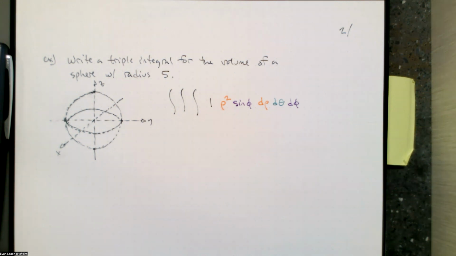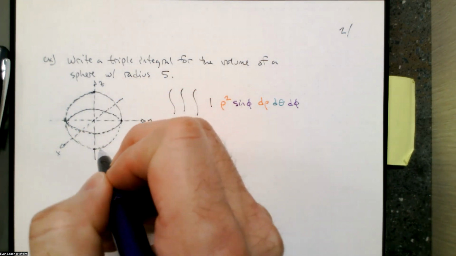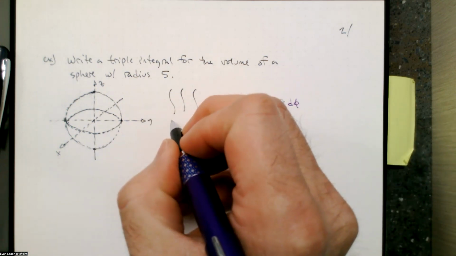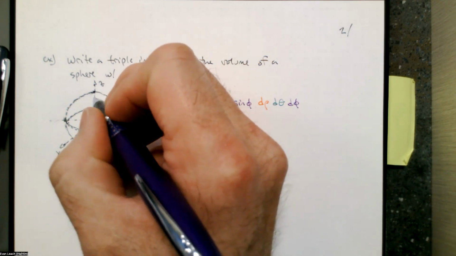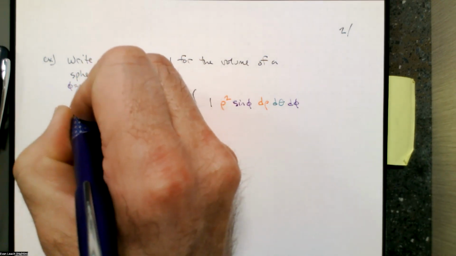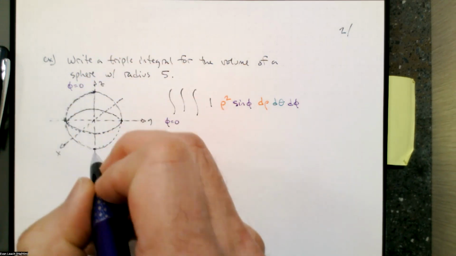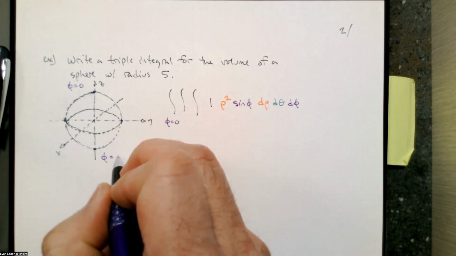We're not going to have to worry too much about this because this is a sphere. We're describing it in spherical coordinates. This is going to be a bunch of intervals. Phi needs to go from the top all the way down to the bottom. So phi will go from 0 up at the positive z-axis all the way down to the bottom where phi is equal to pi.